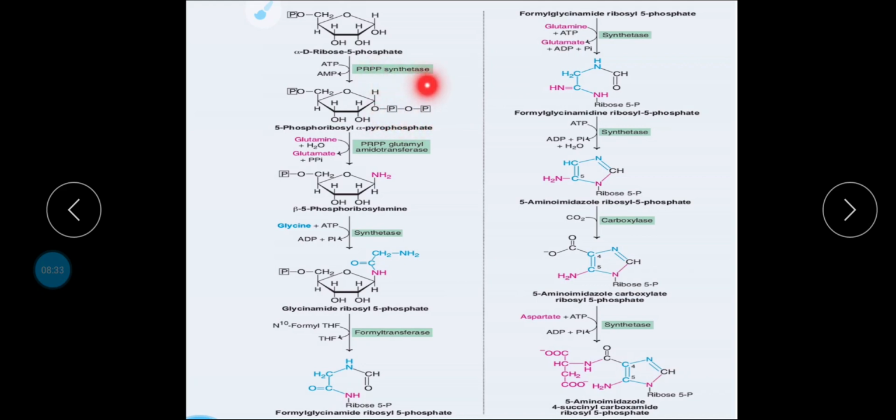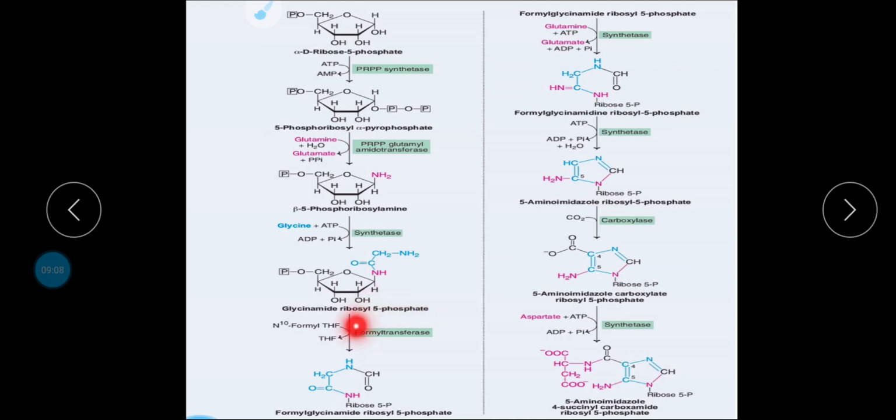Means with the help of pyrophosphate this site is activated and after activation of this site the glutamine enters and provides its amino group to attach at this site. So the first step is this activation and in the next step we need the amino group, therefore glutamine enters. In the second step glycine enters which attaches to this amino group to produce glycinamide.